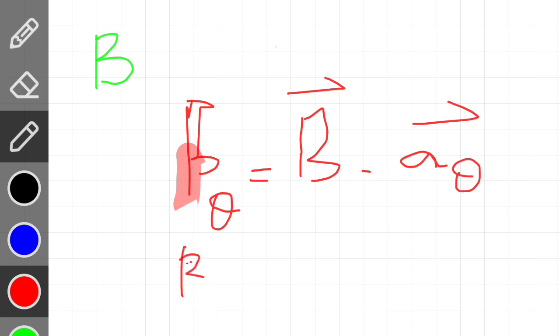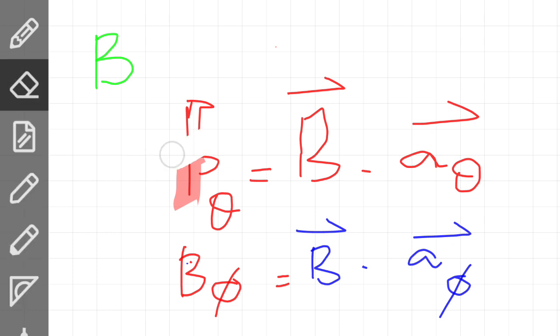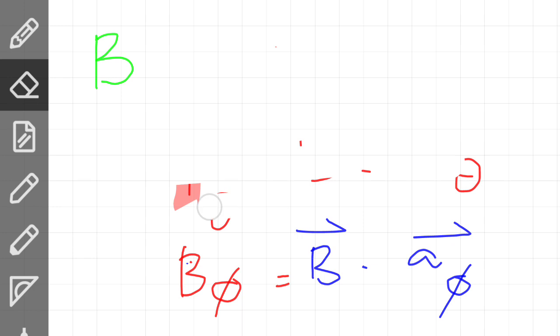Similarly, the phi component of this vector will be equal to B dot A phi. So we have calculated all the three components of this vector in the spherical coordinate system, and you can represent this vector in the spherical coordinate system now.